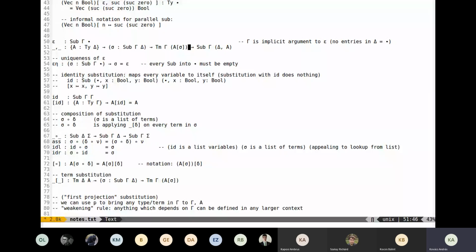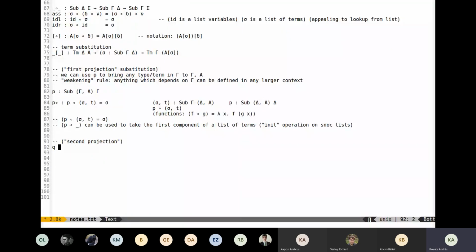So the second projection has to project a term from a substitution. If we have some sigma, a substitution which goes from gamma to an extended delta, then we can get back what's stored inside sigma.